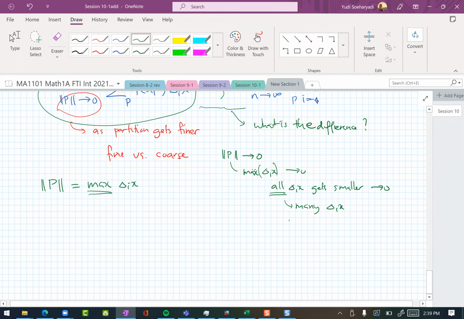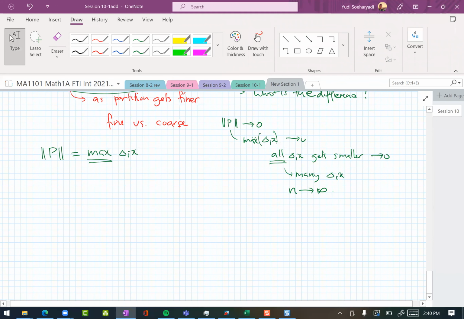Okay, that means n goes to infinity. So if the norm of P goes to 0, that means n goes to infinity, right? But in the other direction, is that true? If n goes to infinity, then it's 0? No, just observe this example.